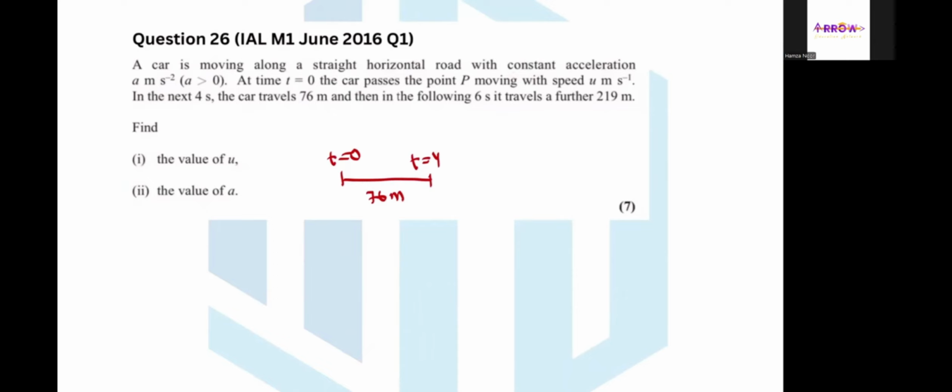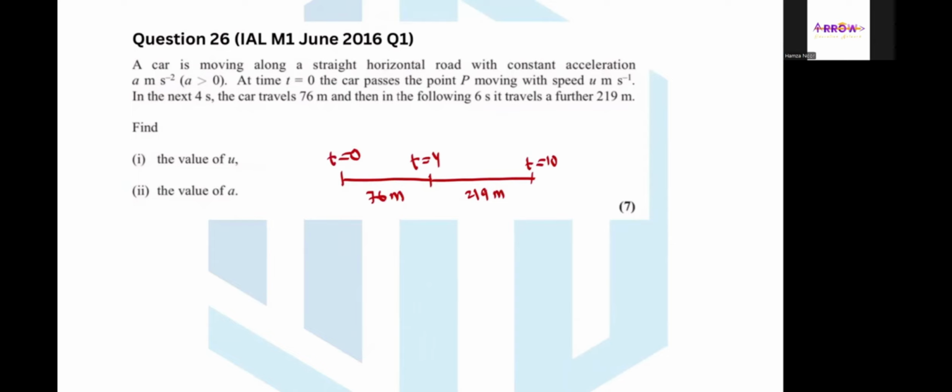Then in the following 6 seconds, meaning from t equals 4 to t equals 10, it travels a further 219 meters.